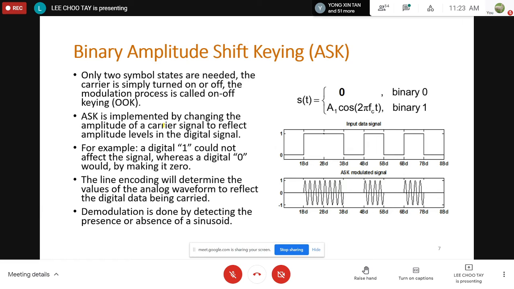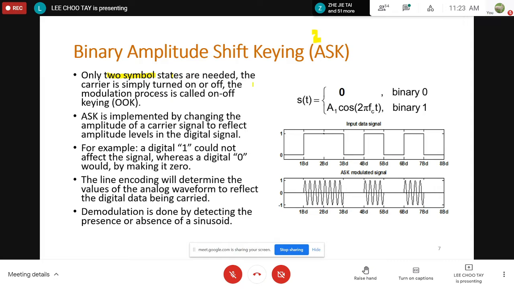Okay, let's start with the binary amplitude shift keying, or ASK. Normally when we talk about ASK, we first talk about just 2-level ASK. The representation of this modulation technique is very simple. We only use 2 symbol states.